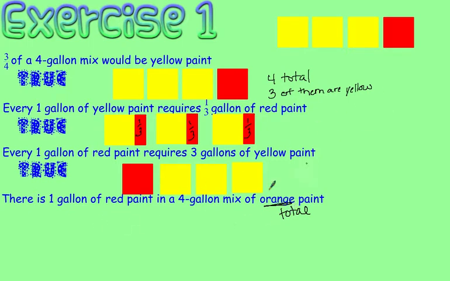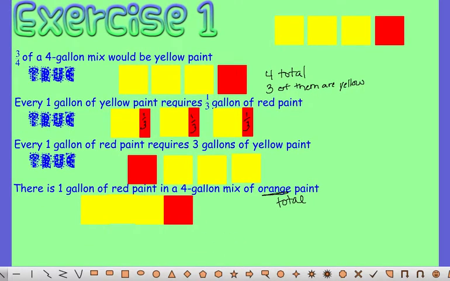So if I put in my 3 yellows, right now I have 3 gallons of yellow paint. Once I mix in my 1 gallon of red paint, I now have 4 total gallons, and since I mix them all together, these 4 total gallons create a 4-gallon orange mixture.